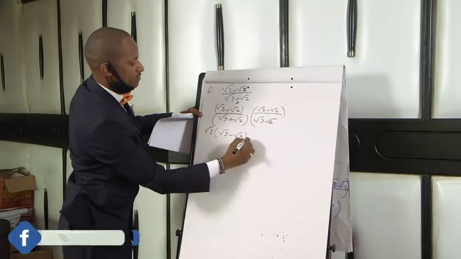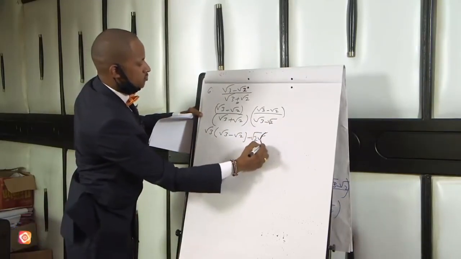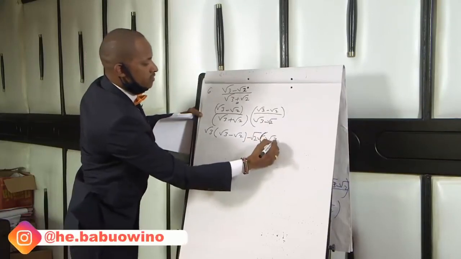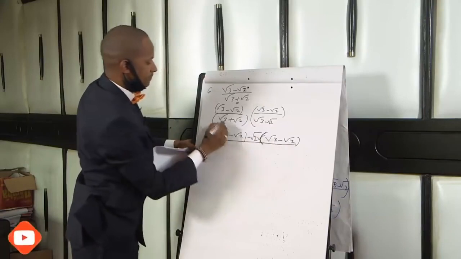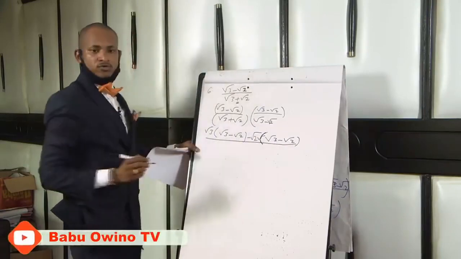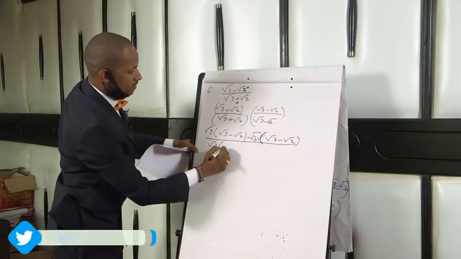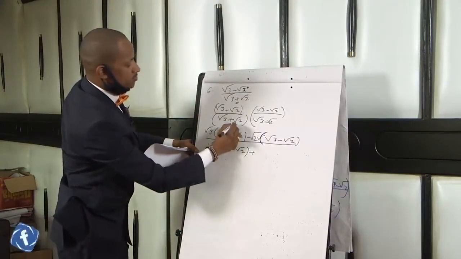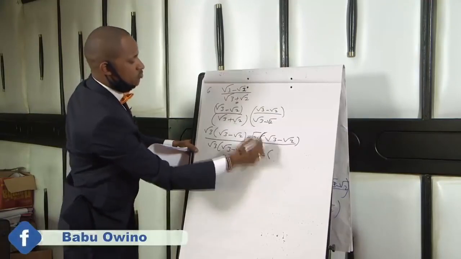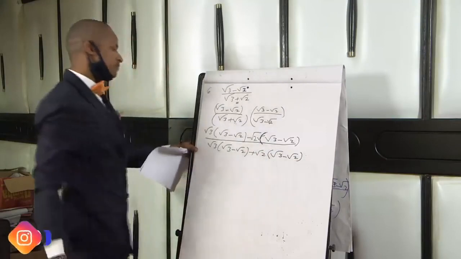The denominator you also expand: root 3 times root 3 minus root 2, plus root 2 times root 3 minus root 2.